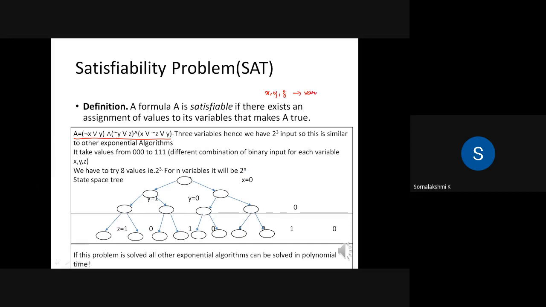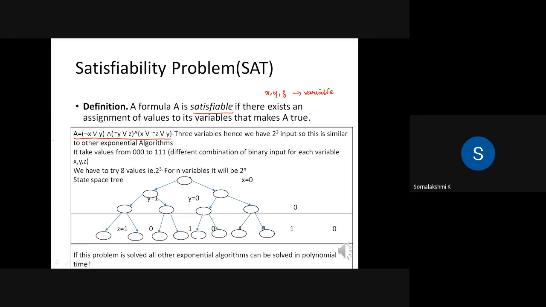So I have three variables with me and I have an equation. This formula A is said to be satisfiable if there exists an assignment of values to x, y, z that makes the final answer true. So you have to choose the values of x, y, and z accordingly, so that this equation becomes satisfiable.